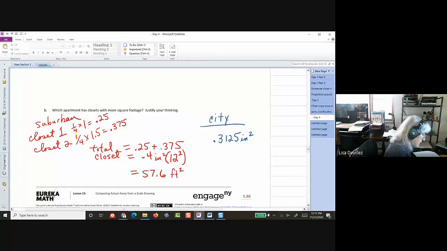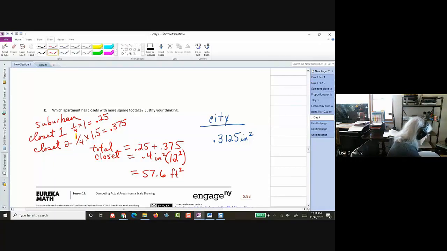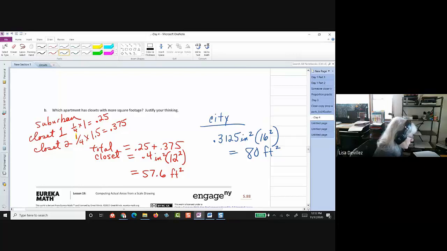That would be square feet. And then for the city one, we would do times 16 squared to get it scaled. So 0.3125 times 16 squared gives me 80 square feet.